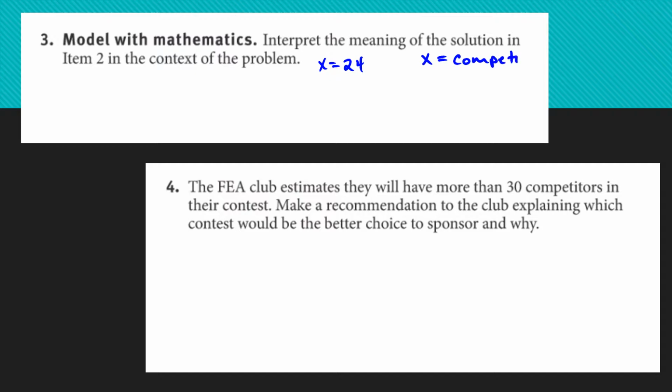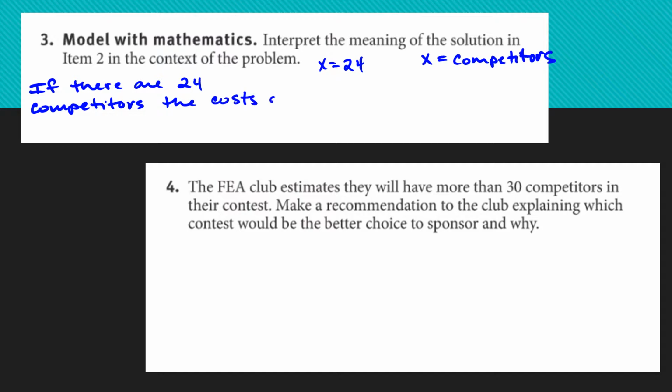So if we're going to interpret our answer in the context of the problem, remember we set the two different contests equal. So we would say if there are 24 competitors, the costs of both events, we'll call them, or competitions, would be the same, because we set them equal and solved it.